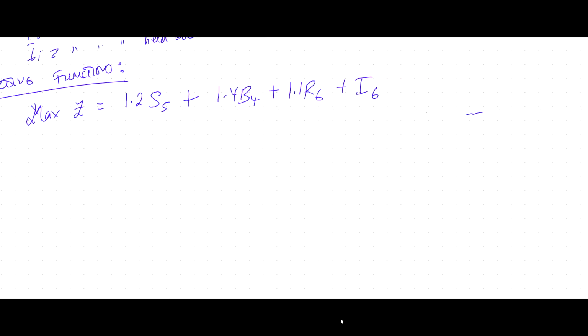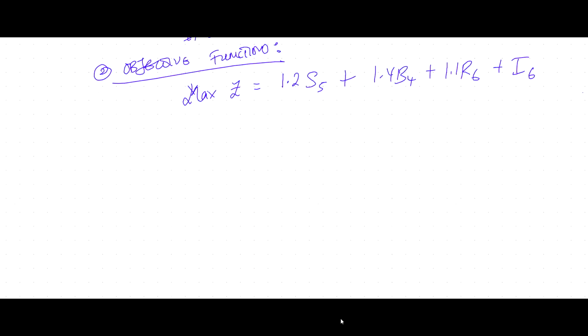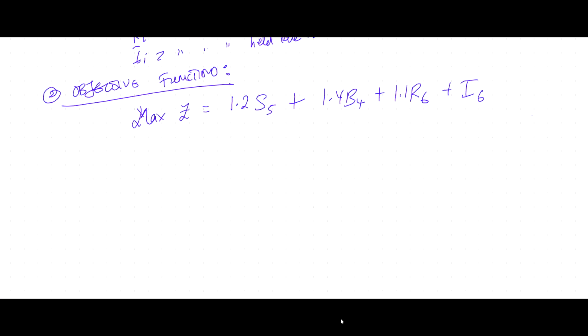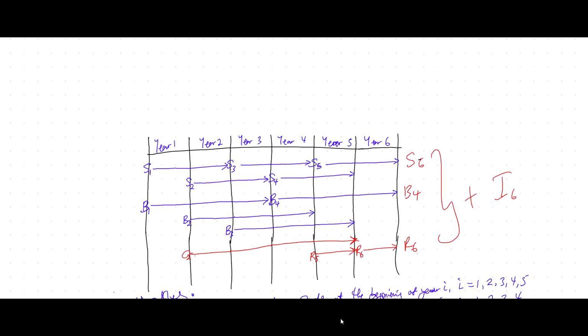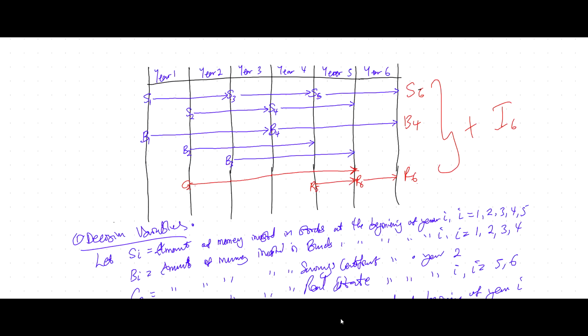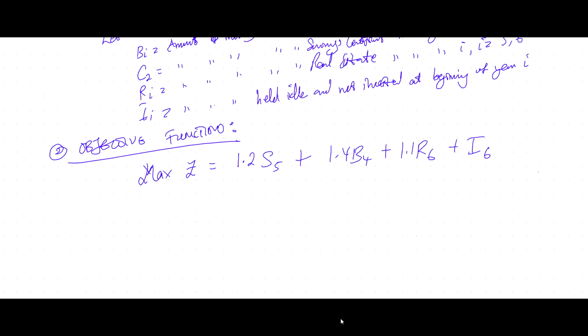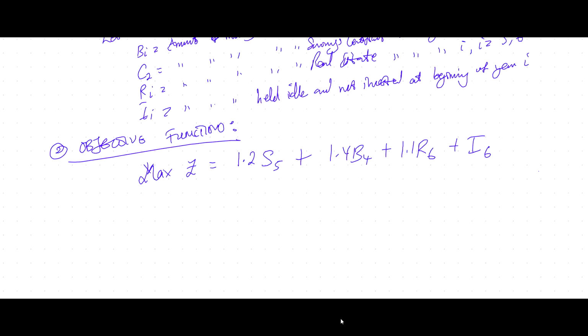All right, so we will maintain what we have here and ask, what are the constraints? So we have the yearly constraints. What are the yearly constraints? When you look at the pictorial, we'll see that in year 1, we have S1, B1 plus I1, that's the money which is held idle, which is not being invested.